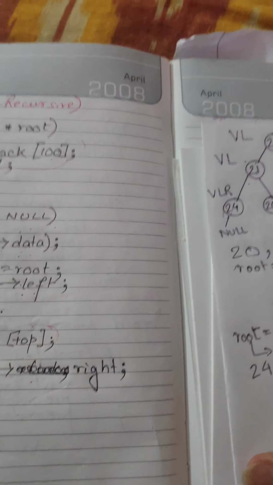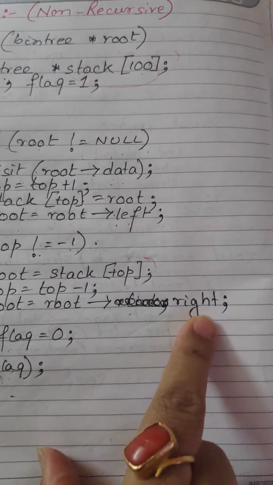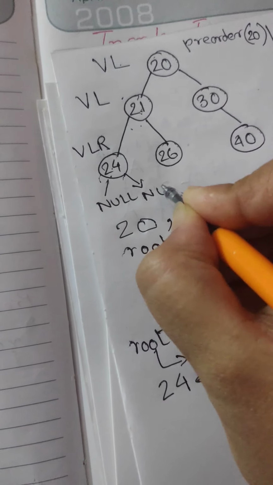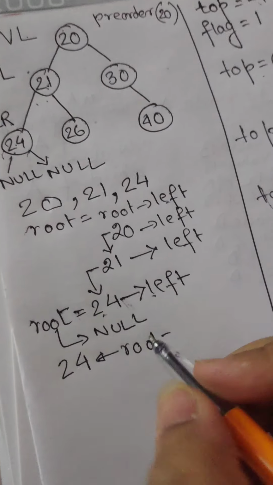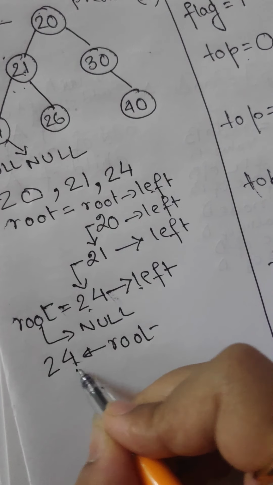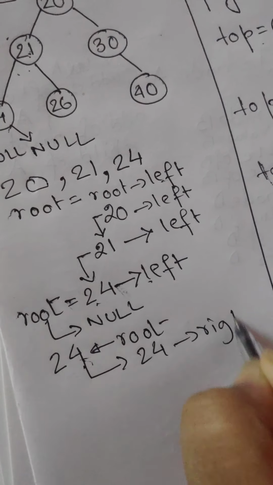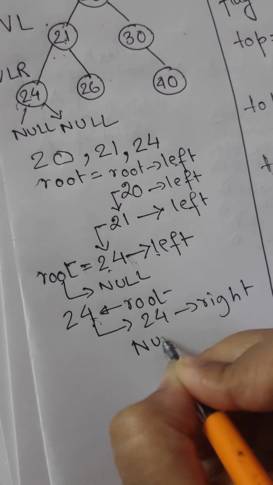So root at present is 24. So you go to the right side of 24. Root is equals to root right. Now you see, when you are trying to access 24 right, 24 right is also nothing but null.